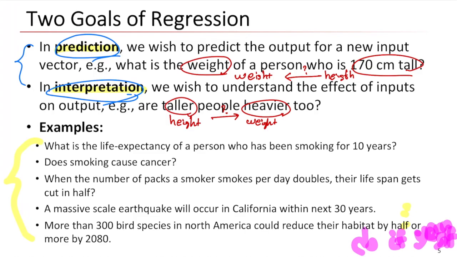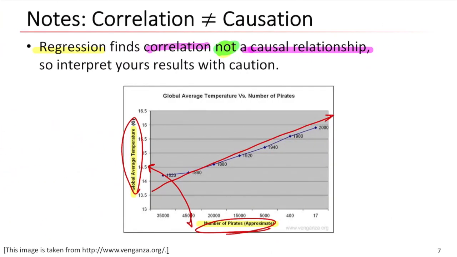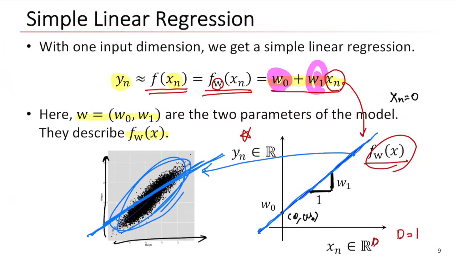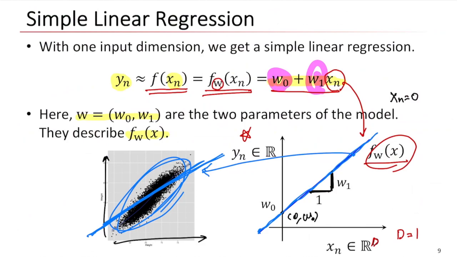And to define the regression problem, we need the mapping function or hypothesis, f of xn. In the linear regression problem, we can define this linear mapping function as w0 plus w1 times xn.